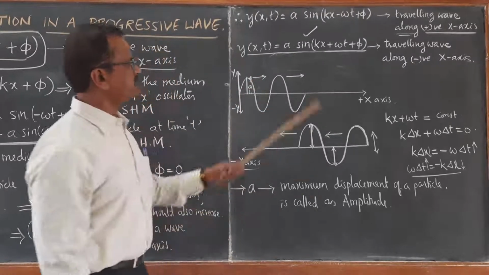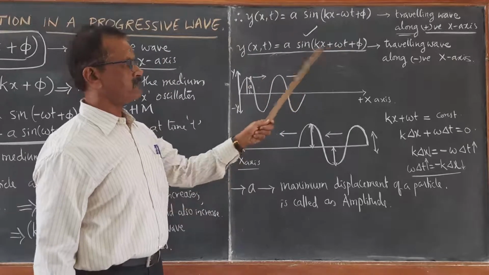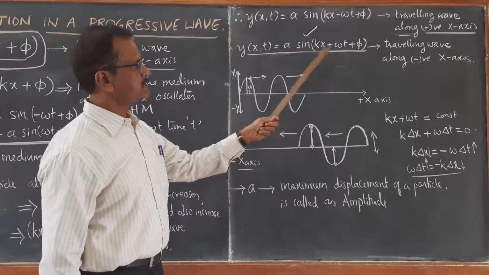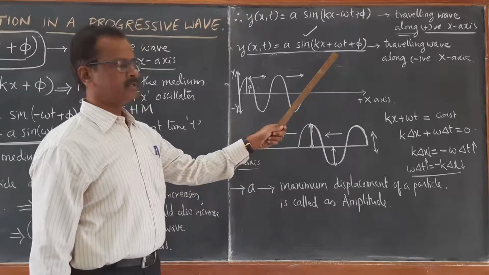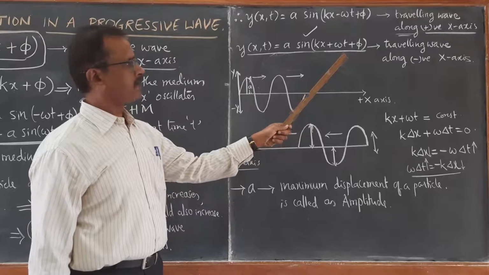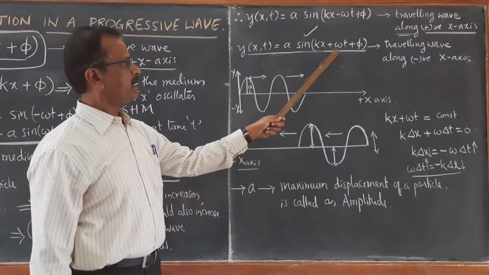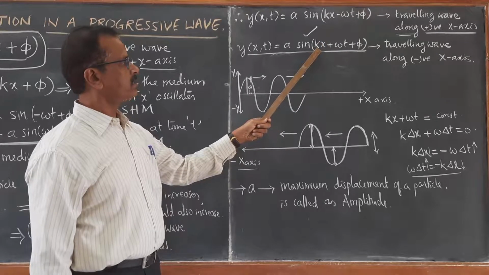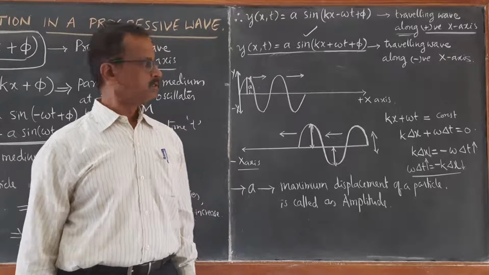Now let us see what is the meaning of K and what is the meaning of omega. Omega, as we have studied earlier, represents angular frequency, which is measured in radian per second. And here we are going to learn what K is. K is called the wave number.